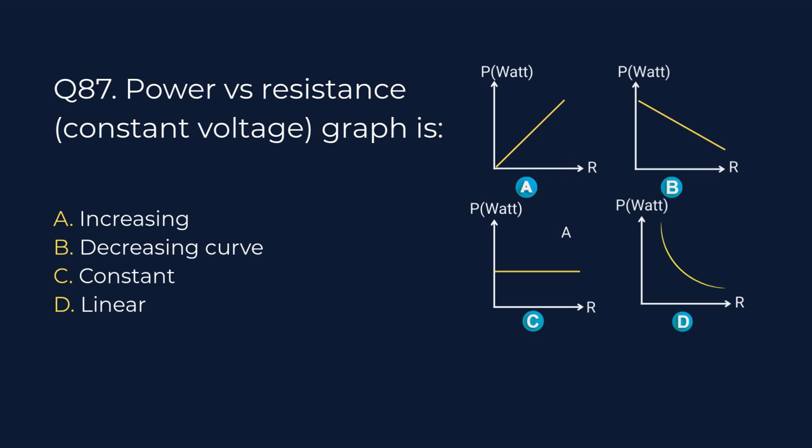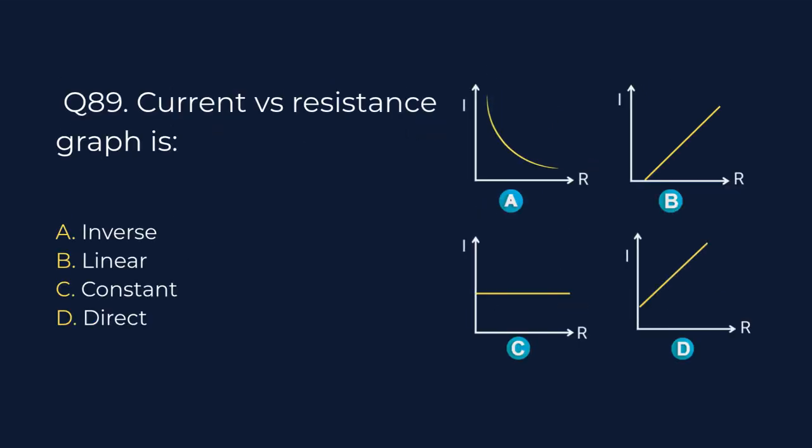Question 88. Power versus resistance at constant current. The graph is option A, linear increasing. Option B, decreasing. Option C, constant. Option D, curve. Question 89.